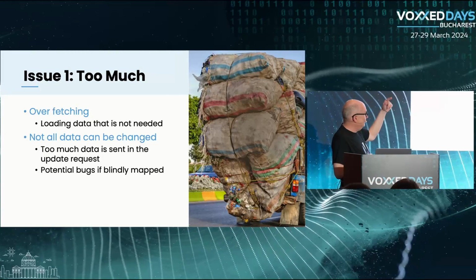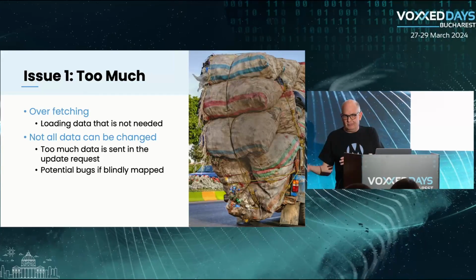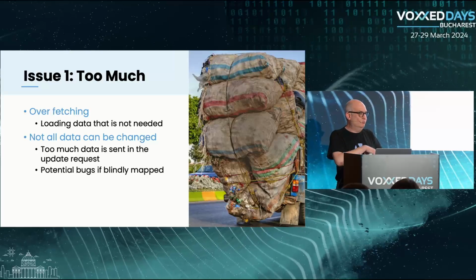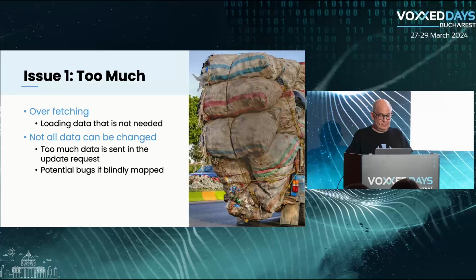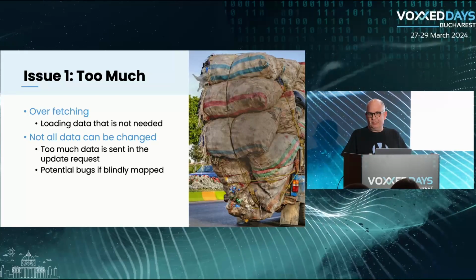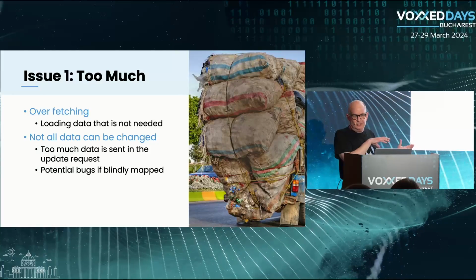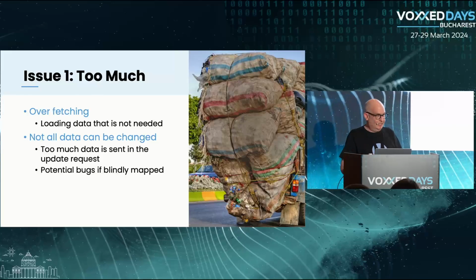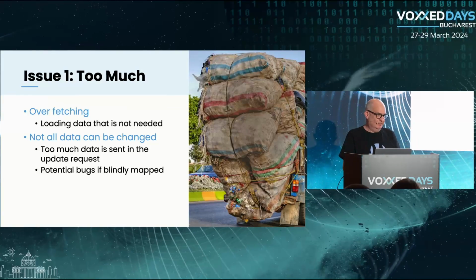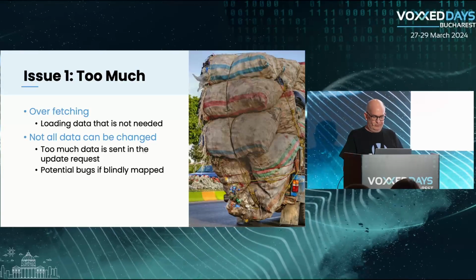And the same is true the other way around, if we send the purchase order to update the purchase order, we send too much data. And it's even worse because we may introduce some bugs because we could change everything in the purchase order, and if the server does not check if only the data that is allowed to change has changed, then we have maybe invalid data at the end, right? So we just move it back and forth.